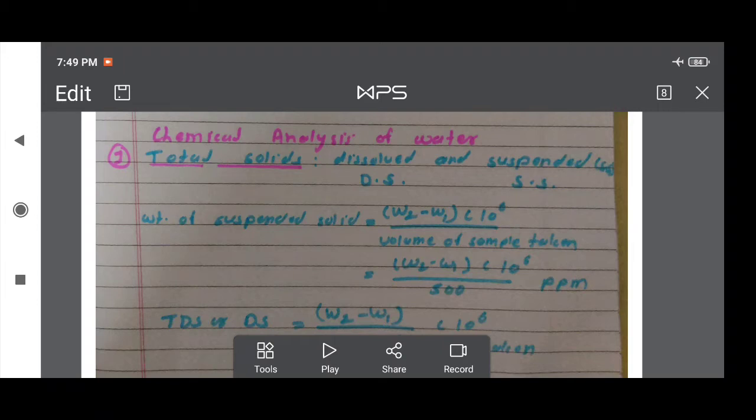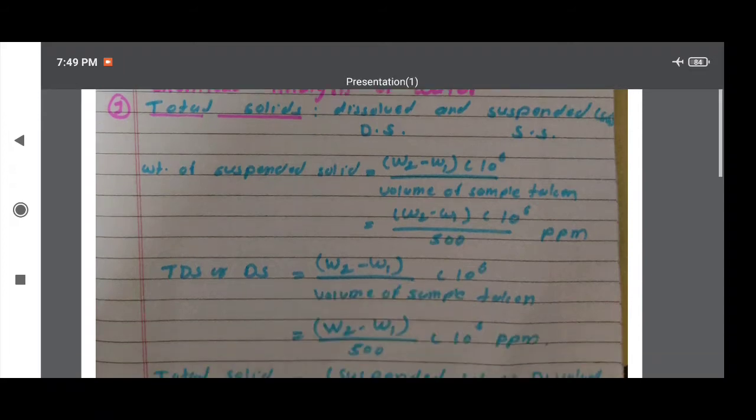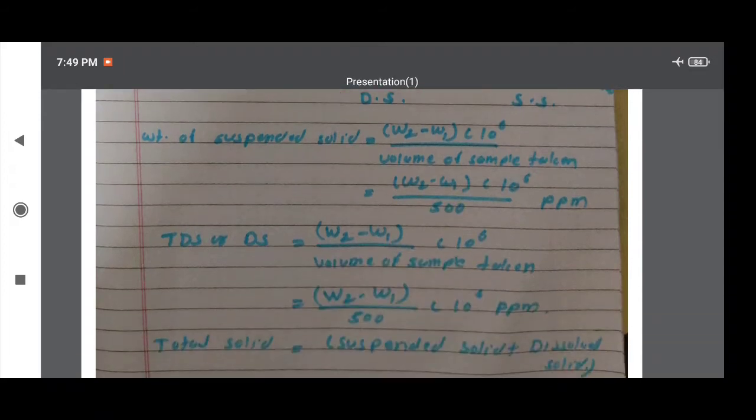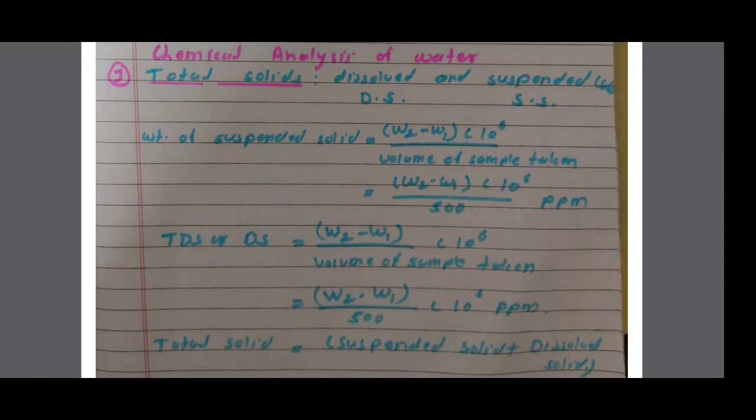Then TDS, total dissolved solid, or DS, dissolved solid, is equal to (W2 minus W1) divided by the volume of sample taken, into 10 raised to 6. The volume of water is 500, therefore the formula becomes (W2 minus W1) divided by 500, into 10 raised to 6, parts per million.